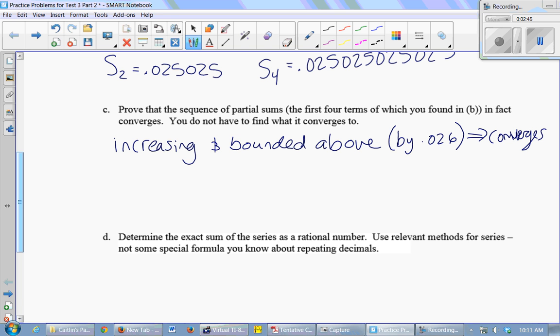Right? This thing is always increasing, but bounded above means it must converge. Or you could say it's geometric, and my multiplier r is 0.001, which is less than 1. And that tells you also that it converges.